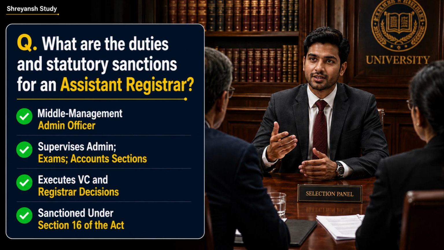Under the UP State Universities Act, 1973, Section 16 explicitly makes provisions for the appointment of other officers of the university, under which the cadre of Assistant Registrar is sanctioned and governed.